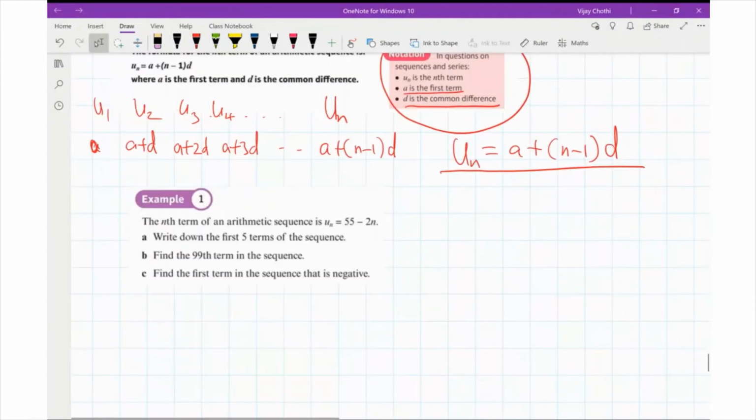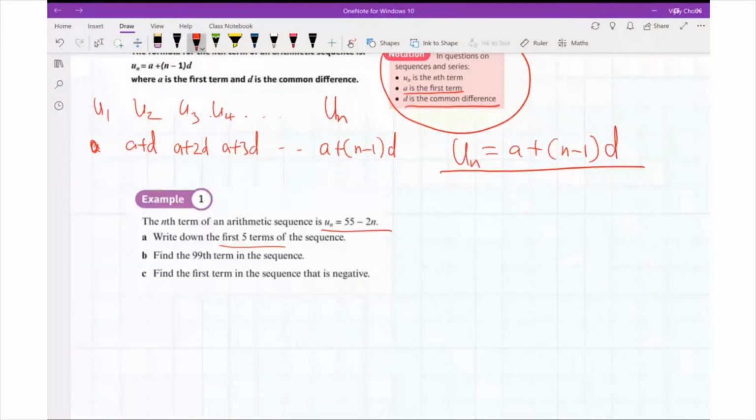Okay, so they've given you an arithmetic sequence, they've given you the nth term formula, write down the first 5 terms. All you need to do is work out U1 to U5. Okay, so the first term, you just work out 55 take away 2 times 1, which is equal to 53.